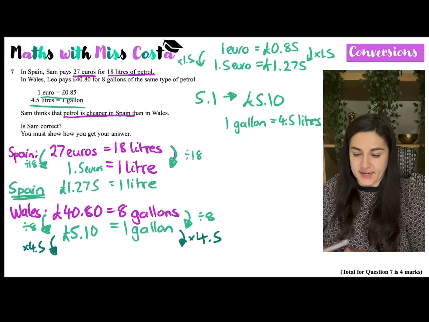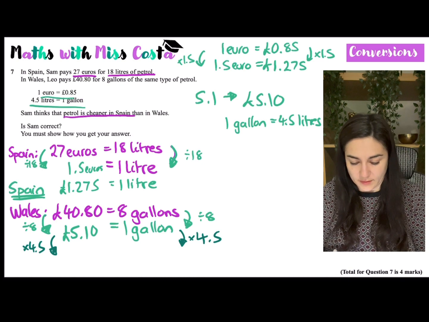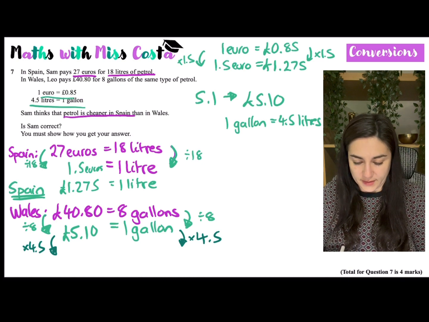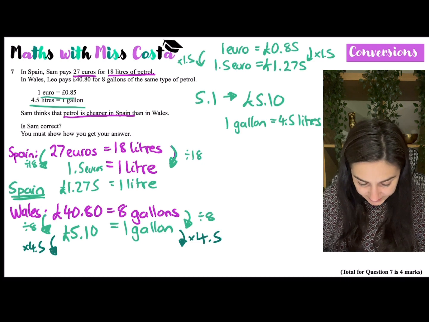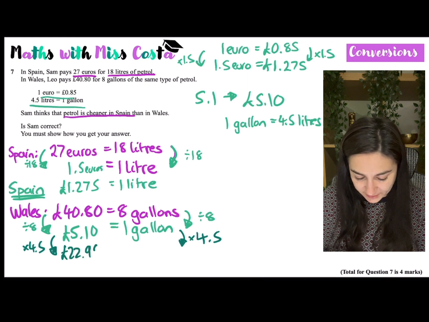So £5.10 times by 4.5 gives me £22.95 for 4.5 litres.